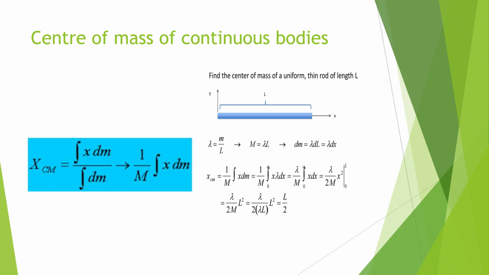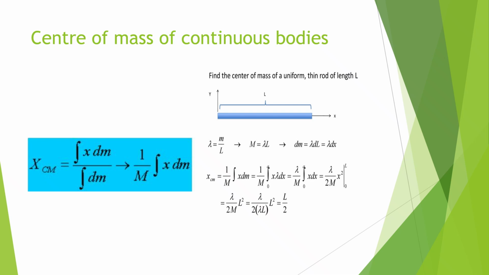So I can pull lambda outside the integral. So lambda by M, and the total length of the rod goes from 0 to L, so integral 0 to L of x dx. Now we know that integral x dx is x square by 2. If I substitute the limits, I will get L square by 2 with lambda by M outside.